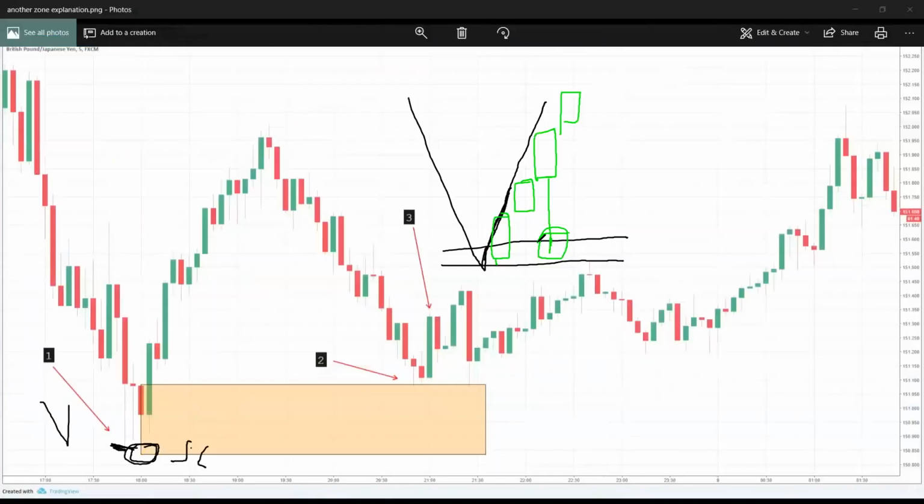If you guys remember that we were talking about imbalances, and how institutions take their trades, let me use the example of this zone that has been drawn here. Price came and caused major imbalance here and pushed away, right?